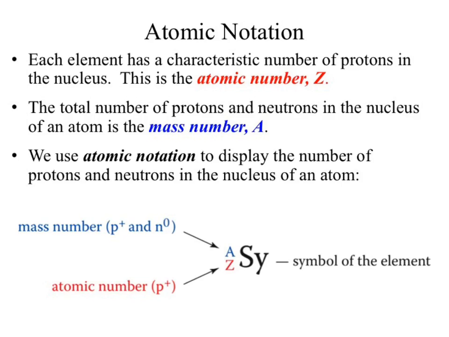Well, I could just arbitrarily place the neutrons wherever I want, but then I don't come up with quite as useful a value for it. So instead what we do is report the mass for that symbol, in particular, the mass number. The mass number is now going to be the sum of the protons and neutrons, and that I will write in the upper left-hand corner of my notation.